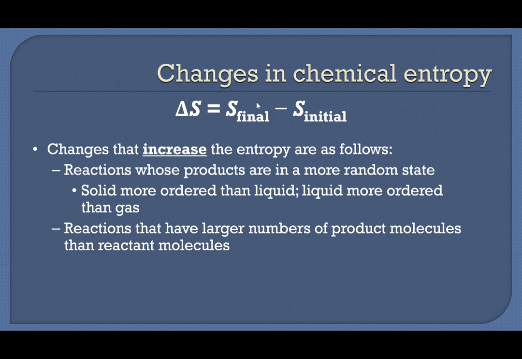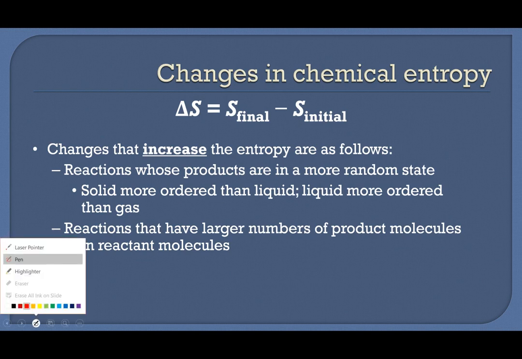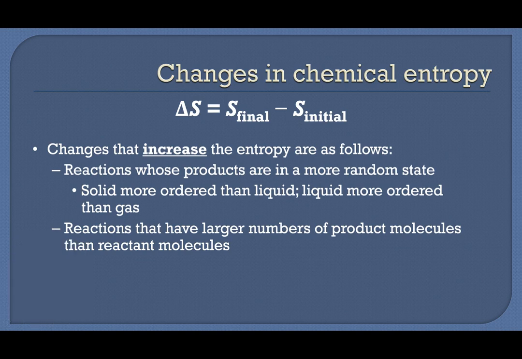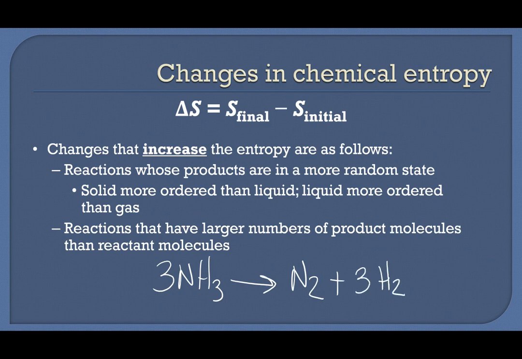Another example would be reactions that have a larger number of molecules in the product. Let me grab my stylus here. All right, so an example of a reaction would be something like this. If we've got 3 molecules of ammonia, and that breaks down into nitrogen and 3 molecules of hydrogen.